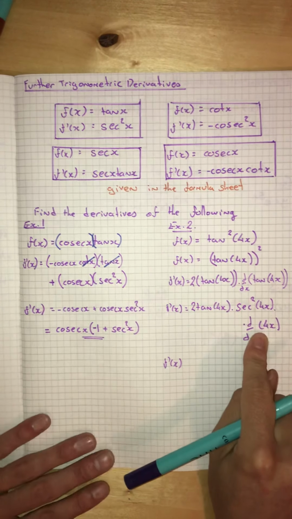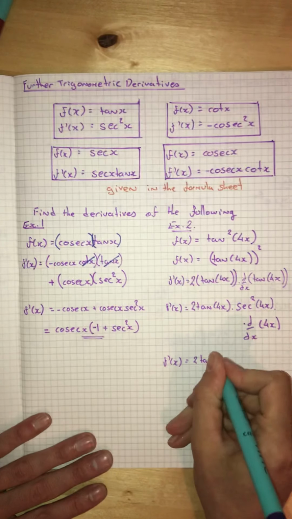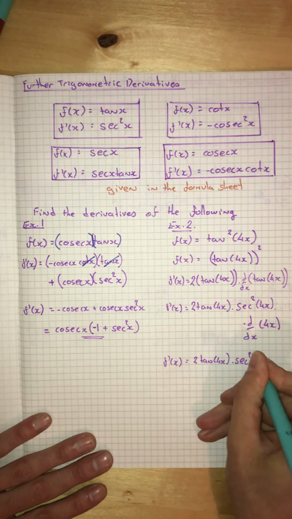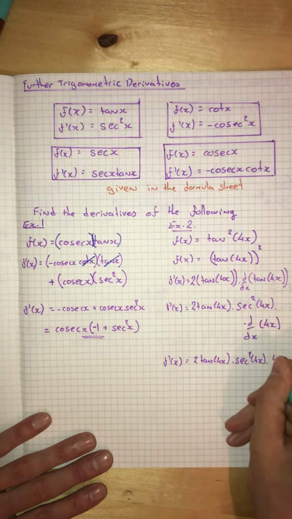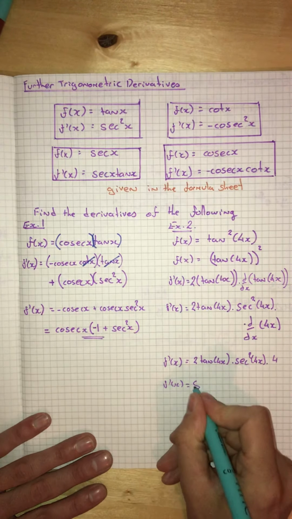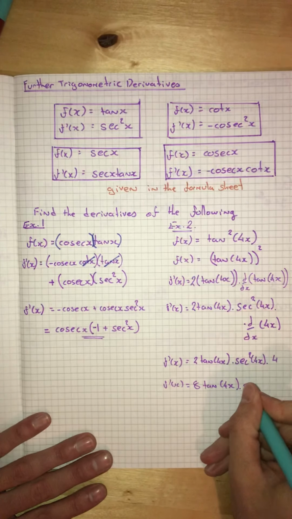And the derivative of 4x is 4. So we get 2 tan 4x times sec squared 4x all times by 4, which means our final answer will just be 8 tan 4x sec squared 4x.